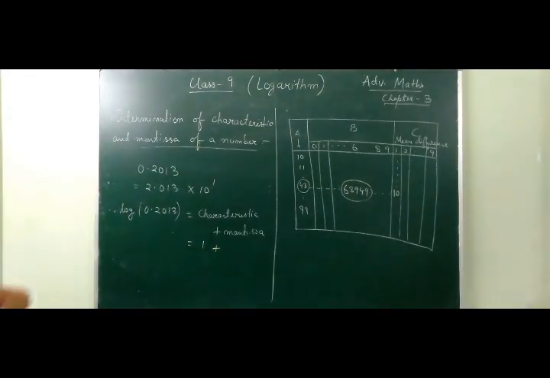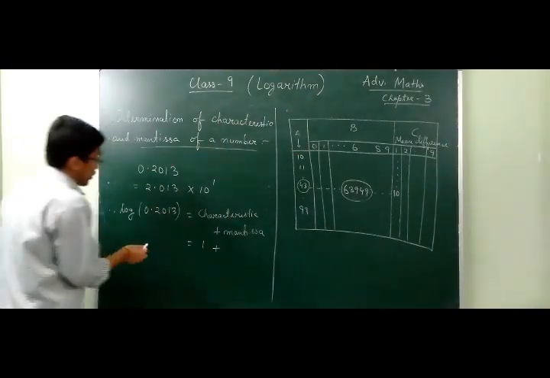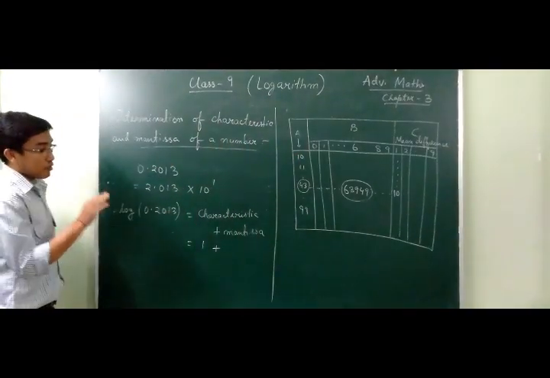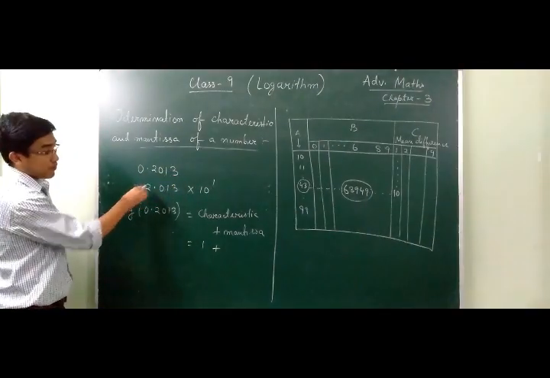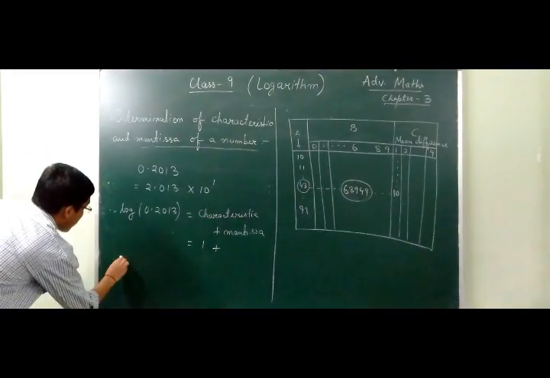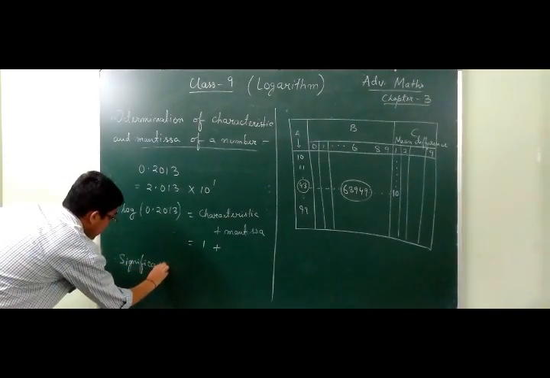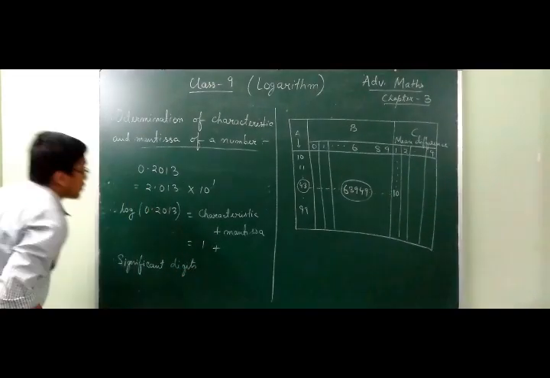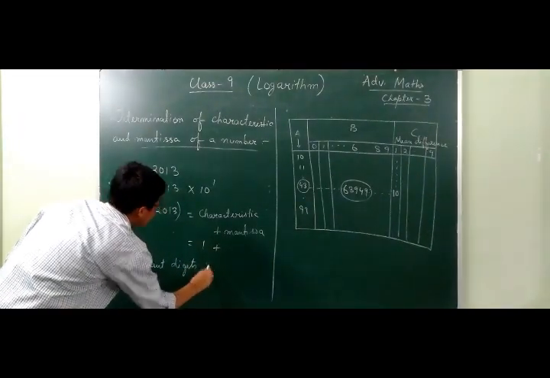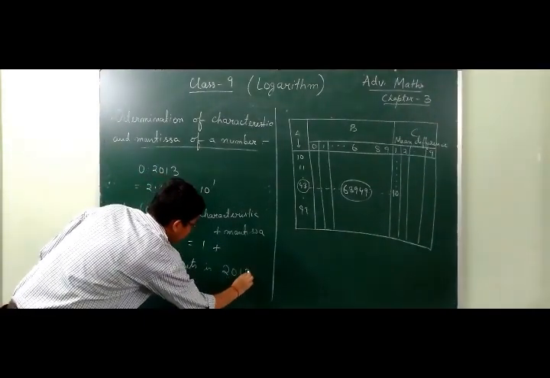Now to find the mantissa, we should find the significant digits. This number is 0.2013, so the significant digits, remove the decimal, just write 2013.